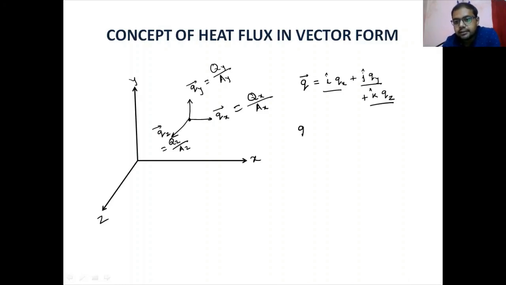What is Qx? The magnitude we have seen is minus k del T del x. Because temperature is a function of x, y, z in the three-dimensional case, there will be three components. Temperature changes along the x-axis, along the y-axis, and along the z-axis.